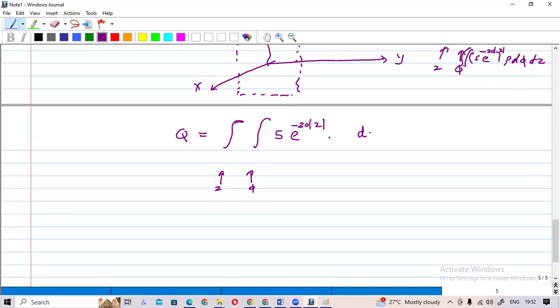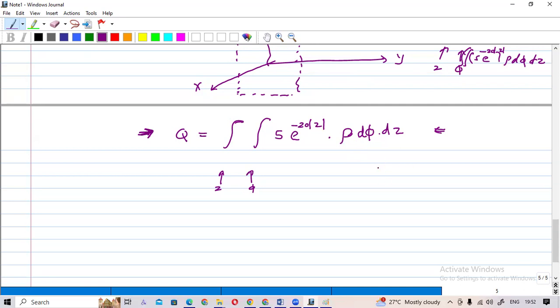You need to do the integration with respect to d phi and dz, but this d phi comes along with rho. So I think now you should be able to get this integration. It is not much difficult actually. Only the basic theory we are using for that.